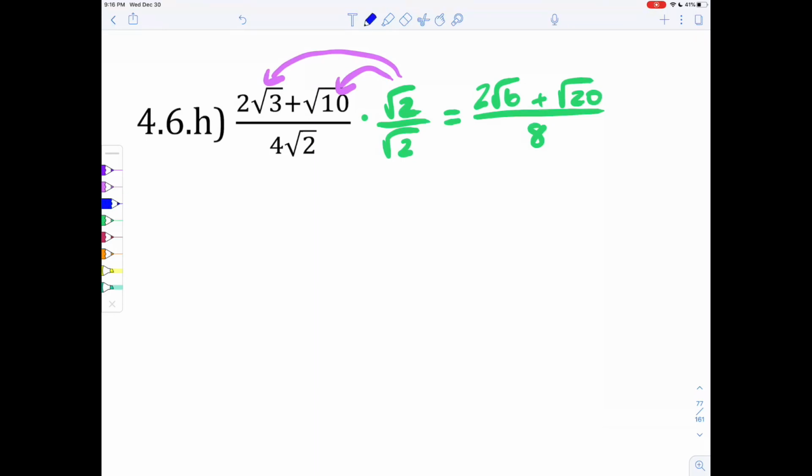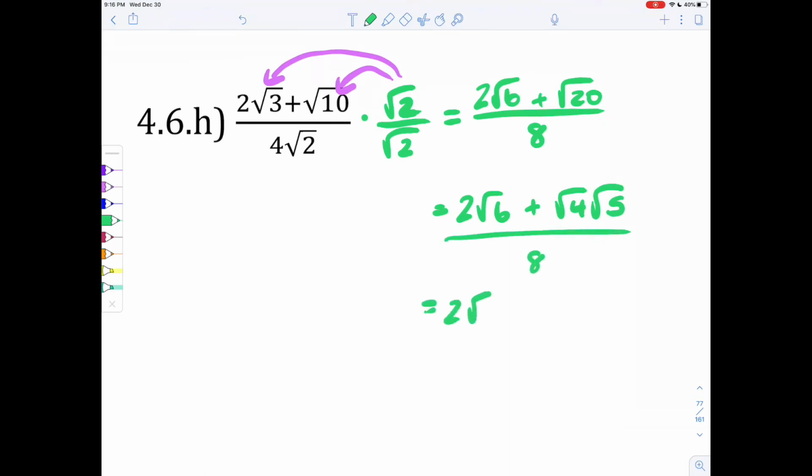Looking if I'm done yet, I'm not quite done because even though root 6 is fully simplified, root 20 is not. So root 20 can be written as root 4 times root 5. And root 4 times root 5 can be written as 2 root 5.